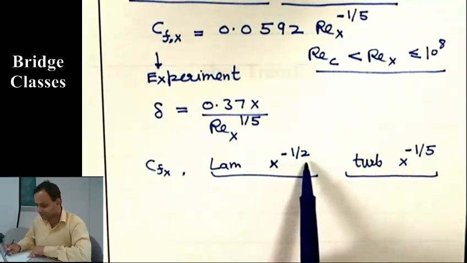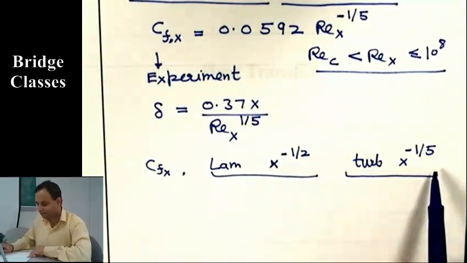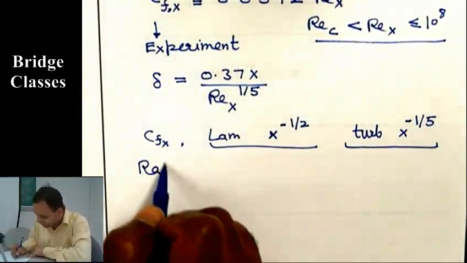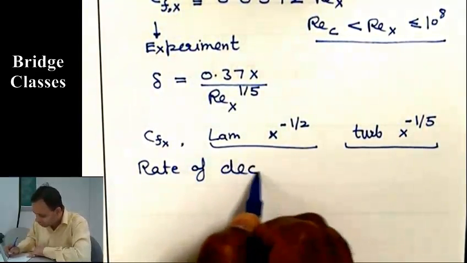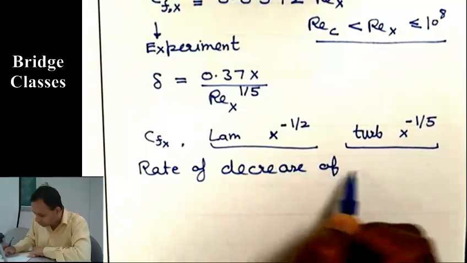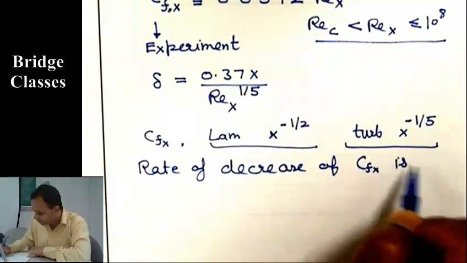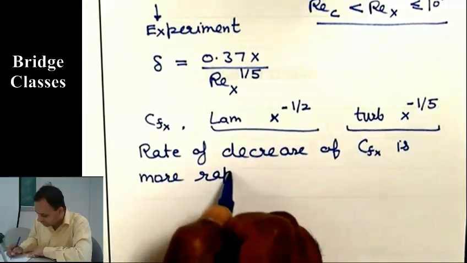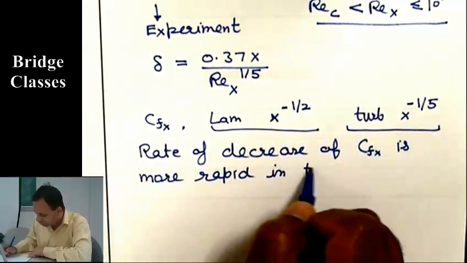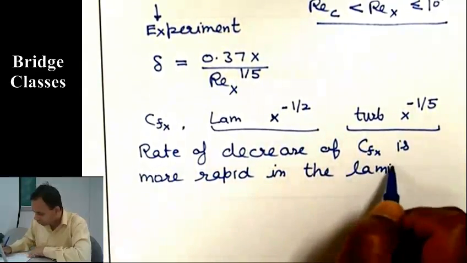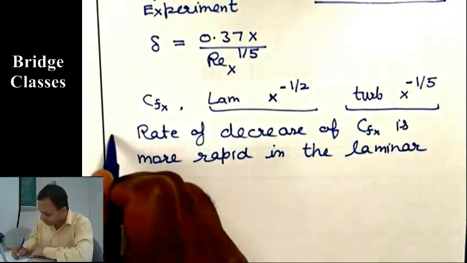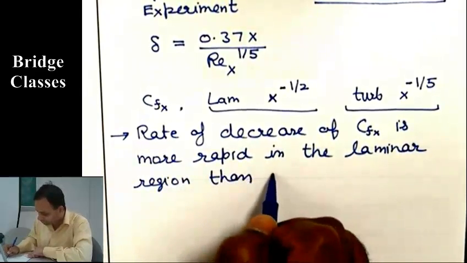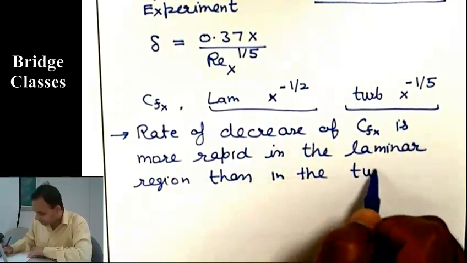Okay, because here it is x to negative half, here it is x to negative 1 over 5. So let me write here. So the rate of decrease of CF is more rapid in the laminar region than in the turbulent.